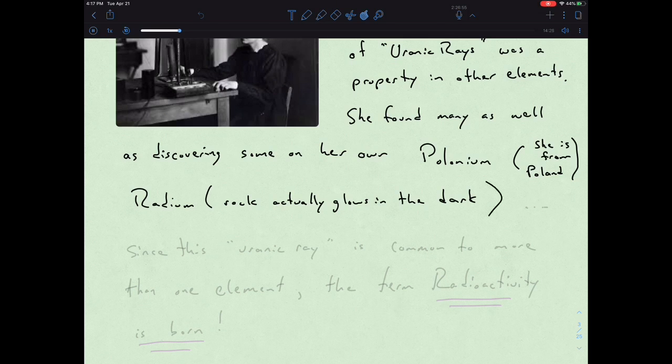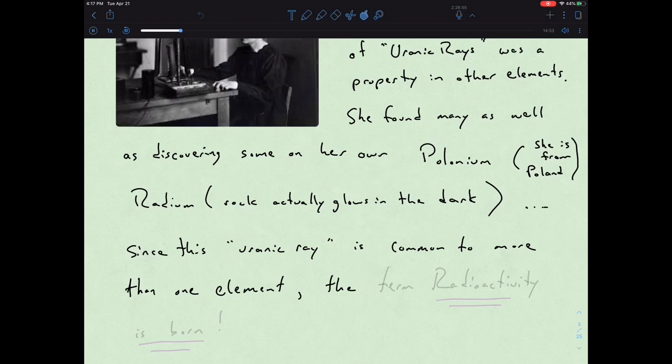And that's really what came about, is that since this uranic ray is common to more than one element, right?